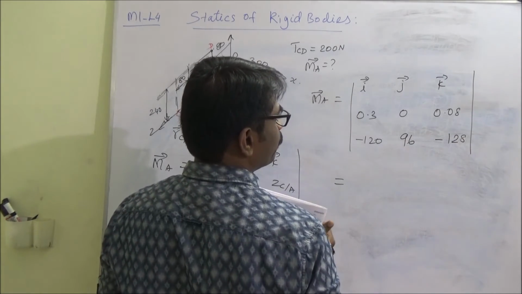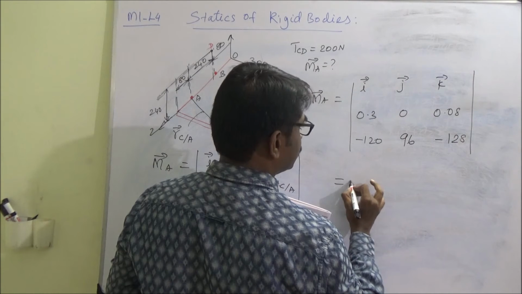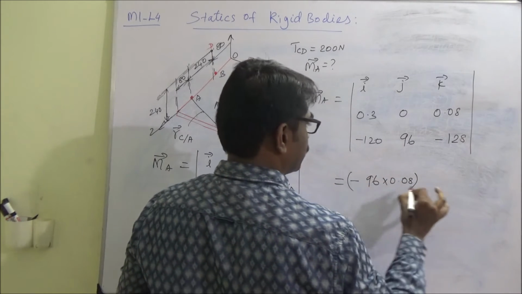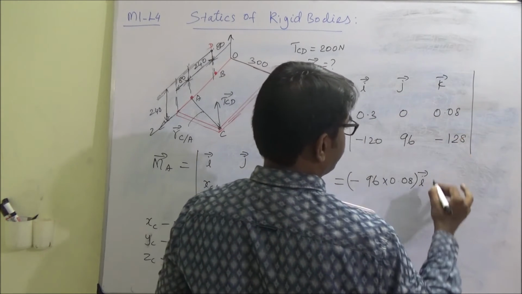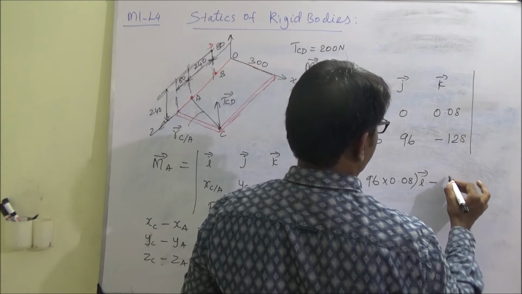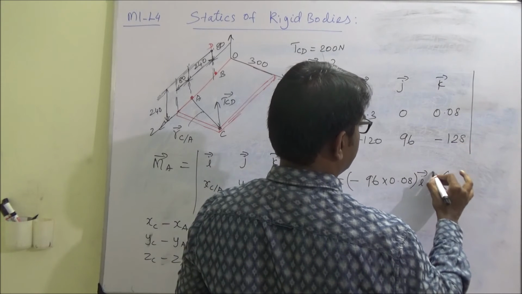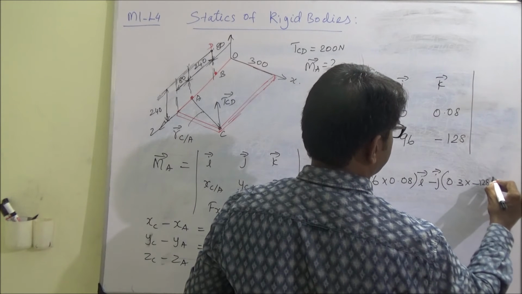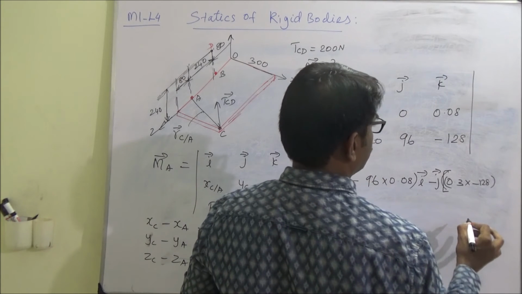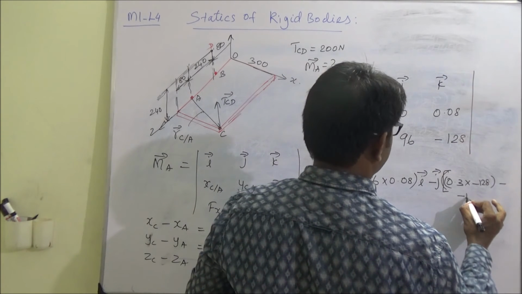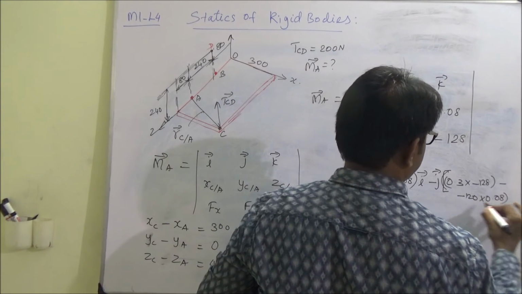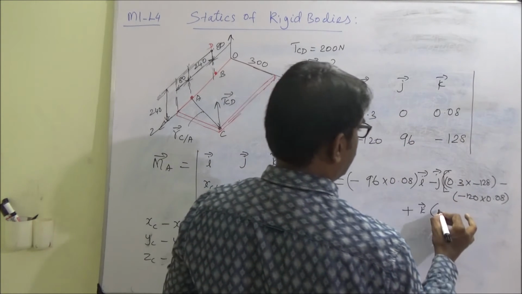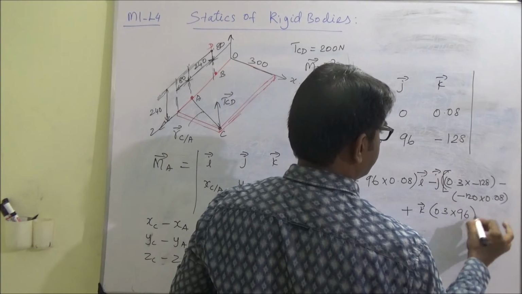So i vector, 0 minus 96 into 0.08 i vector, minus j vector, 0.3 into minus 128 minus 120 into 0.08, plus k vector into 0.3 into 96.